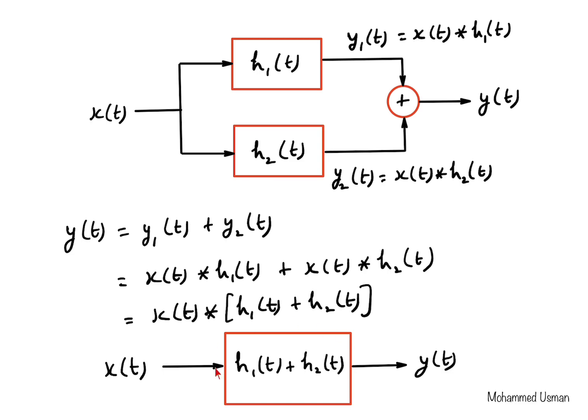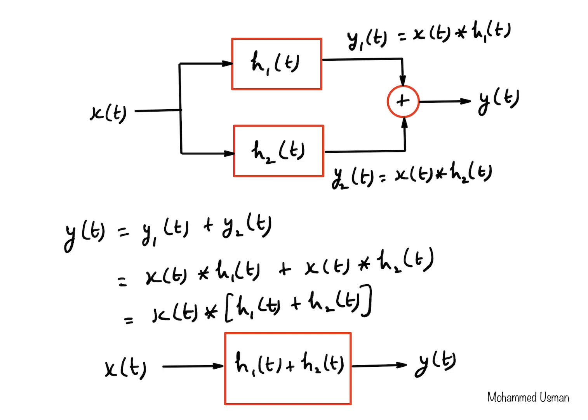Or conversely, if we have a single system whose impulse response is given by a certain value, then we can break this down into multiple parallel simpler systems whose impulse responses are such that the sum of the impulse responses is equal to this overall impulse response. Okay, so we are basically using the distributive property to break down a single system into multiple parallel systems, or to combine parallel systems into a single system.